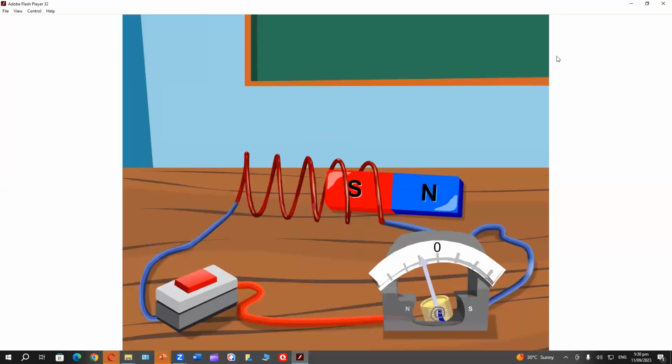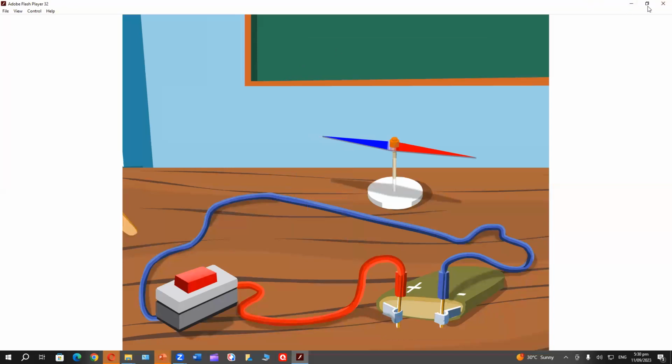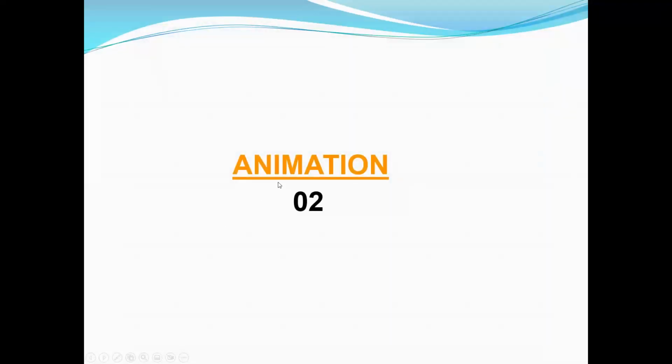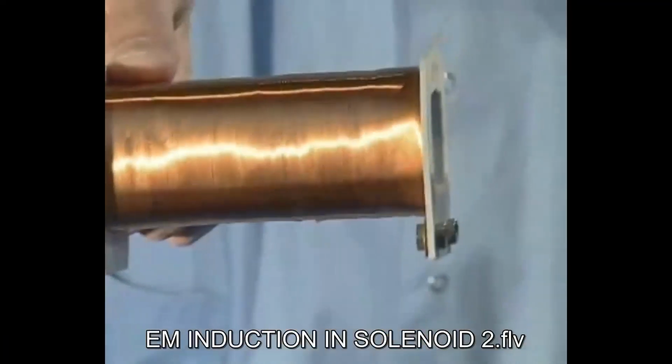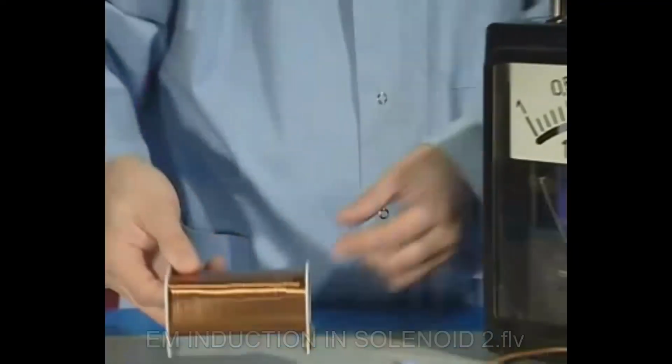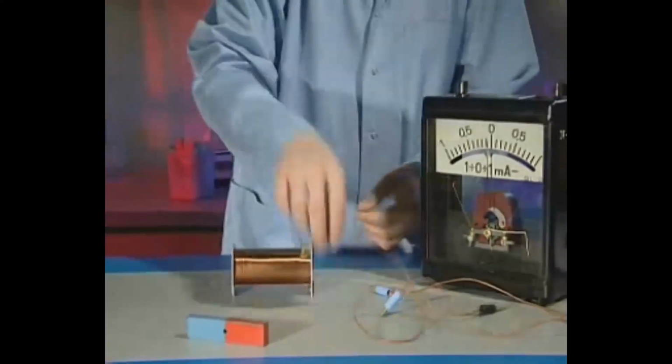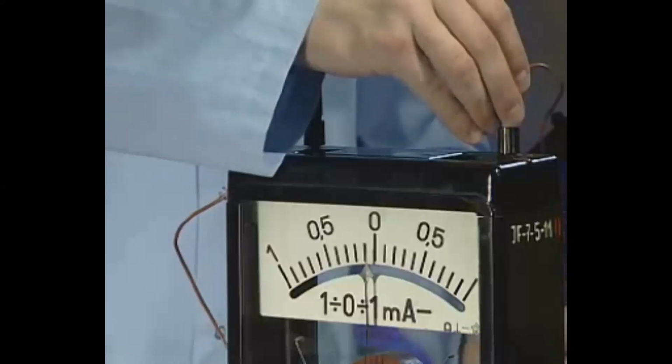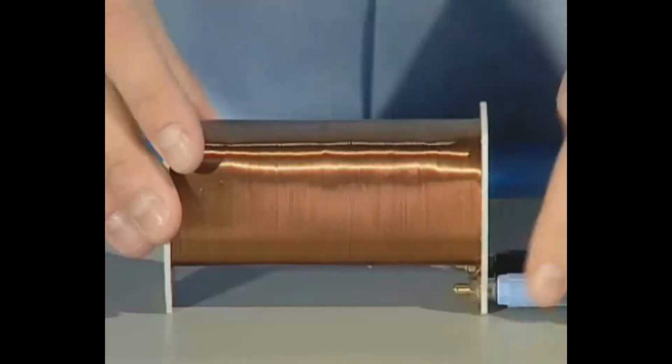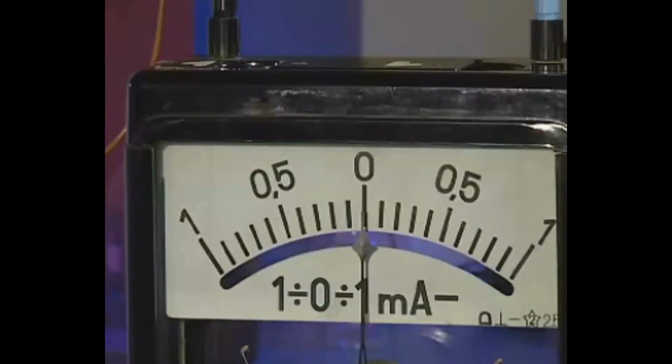The effect is much stronger when the conductor in which we want to induce the current is coiled into a solenoid. If we connect a solenoid containing a large number of coils to a sensitive ammeter, then as the indicator of the ammeter is not deflected, there is no source of voltage.